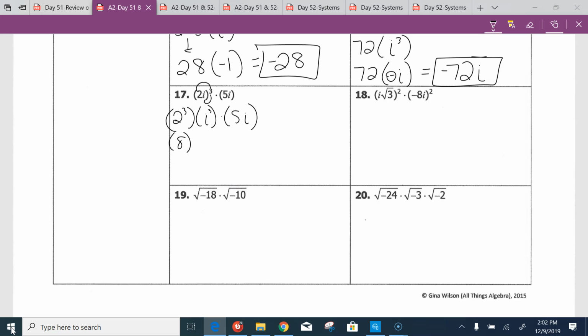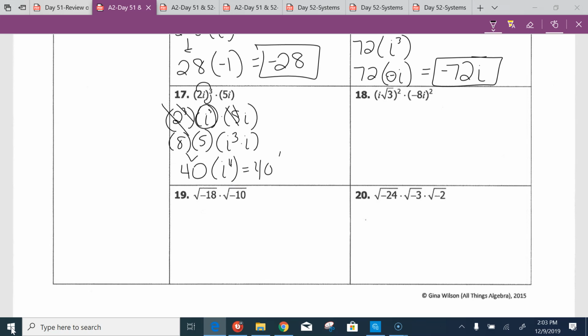Times the 5 at the beginning gives me a combined total of 40. That takes care of that. Now I have i to the third power, then another i, so that really means I have i to the fourth power.